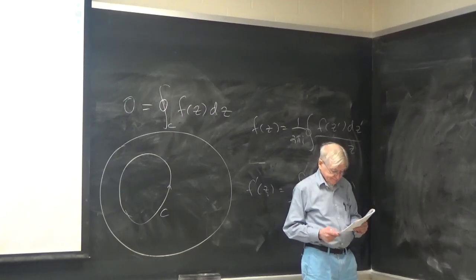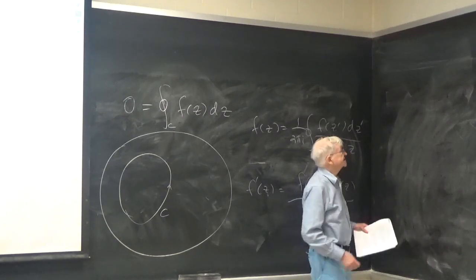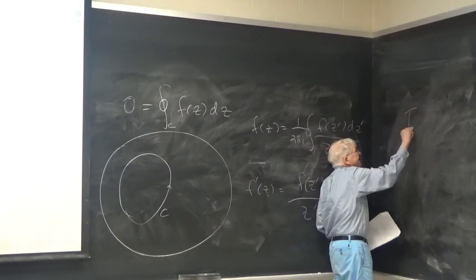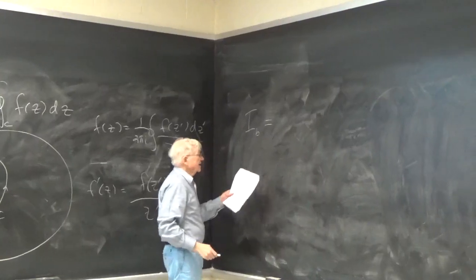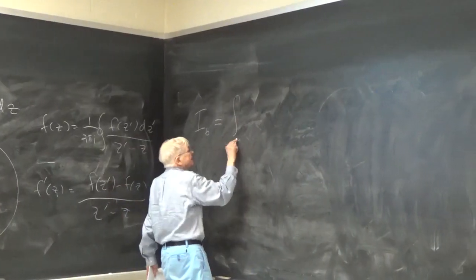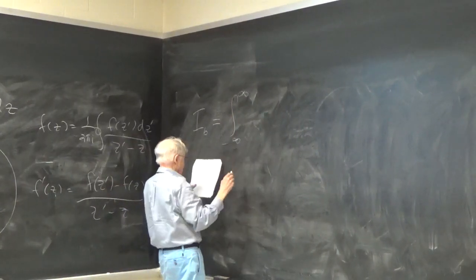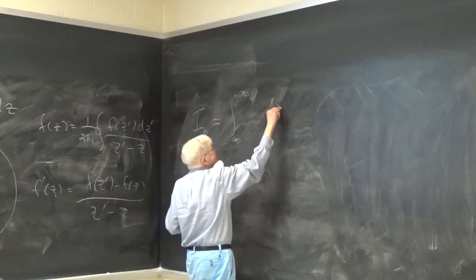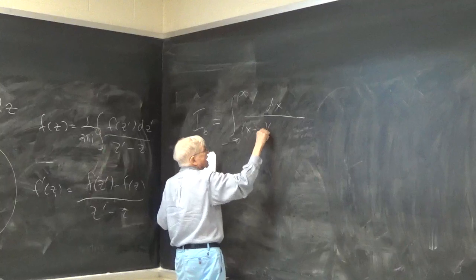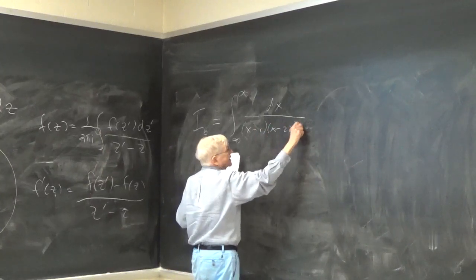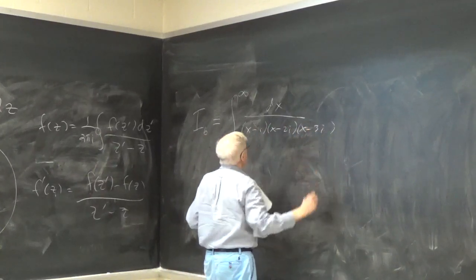And an example of it can be how we might solve this integral dx over x minus i, x minus 2i, x minus 3i.